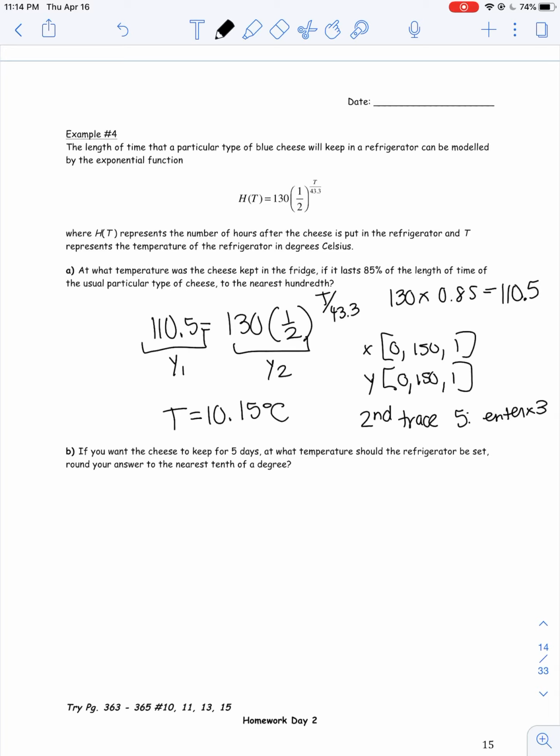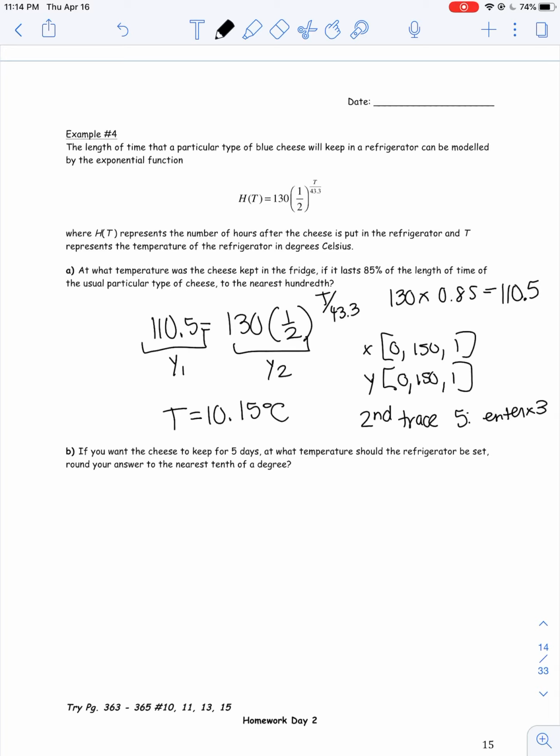In our last example, it says, if you want to keep the cheese for 5 days, we're going to solve for what temperature the refrigerator should be set. Round your answer to the nearest 10th of a degree. Okay, so 5 days.